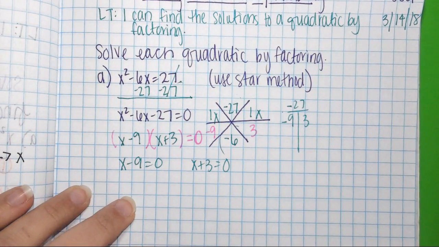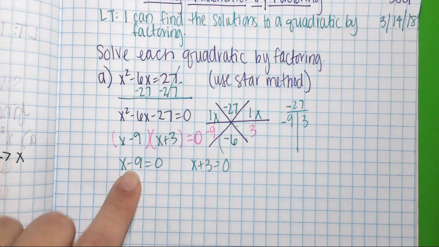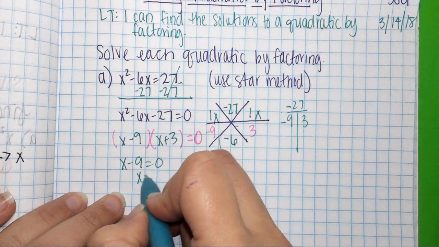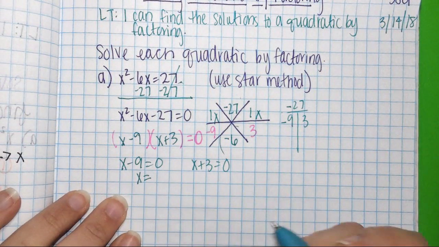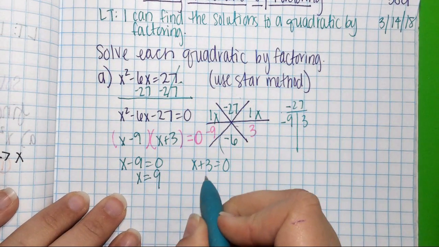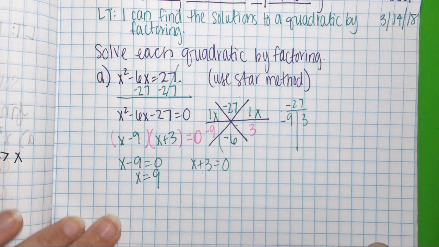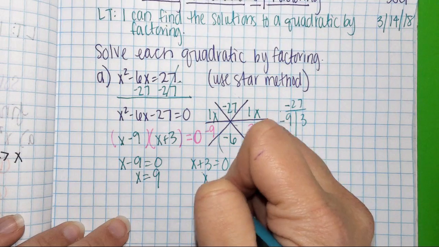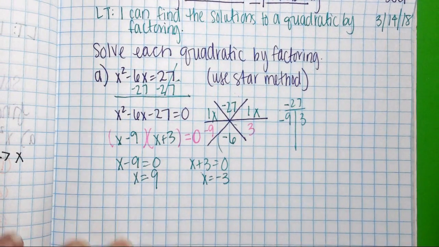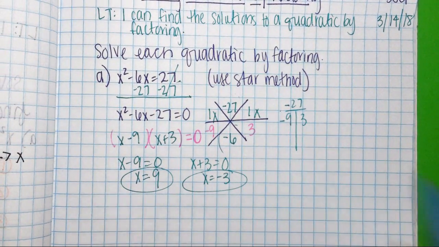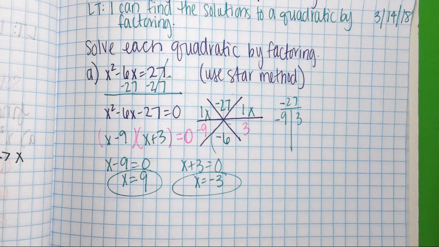Now we solve for x. We add 9 to both sides, so x equals 9. And here x equals negative 3, because you have to subtract 3. And those are your solutions.